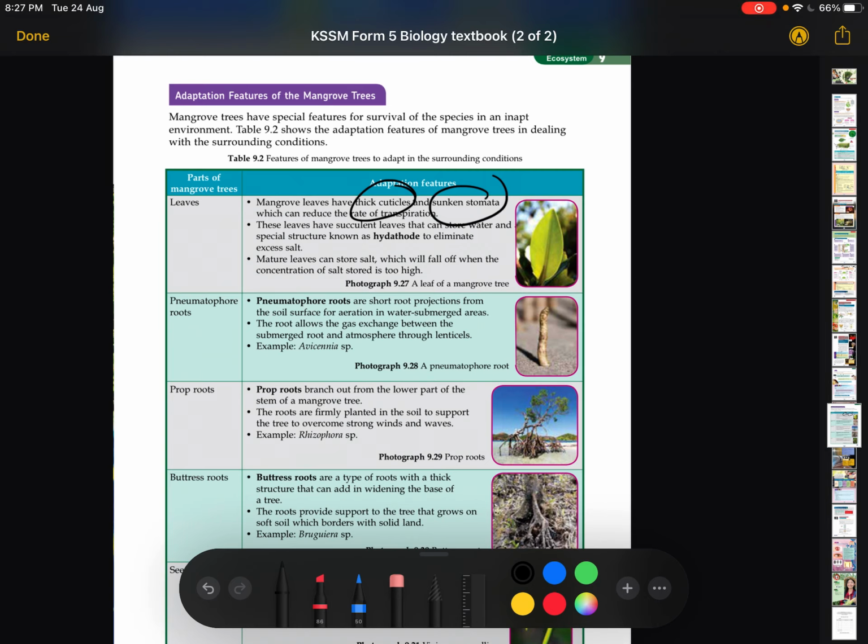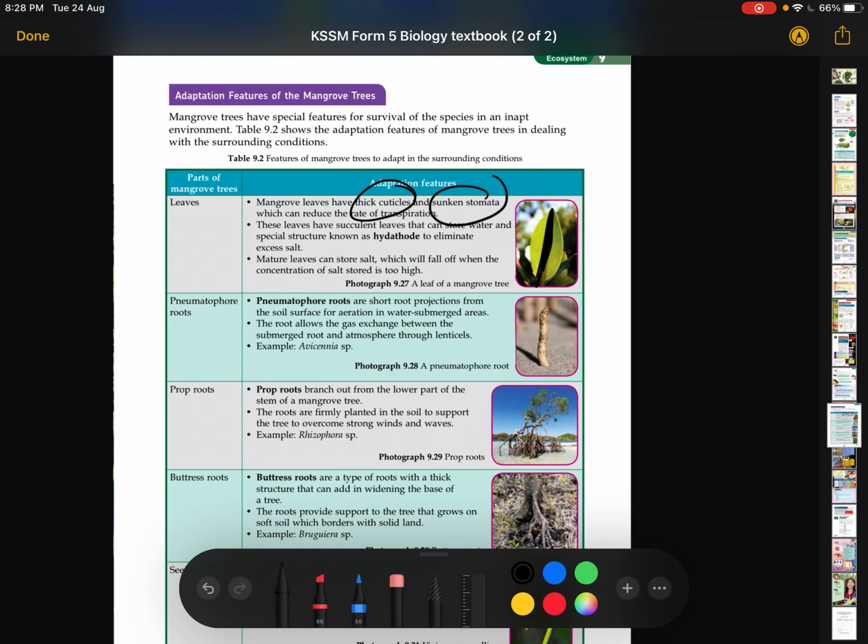And then because it is very salty, they need to excrete the salt in a different way. They usually secrete the salt through, I think it's called guttation, where the salt goes out through the hydathodes of the leaf. The hydathodes are here, and they secrete salt from the leaf through guttation.